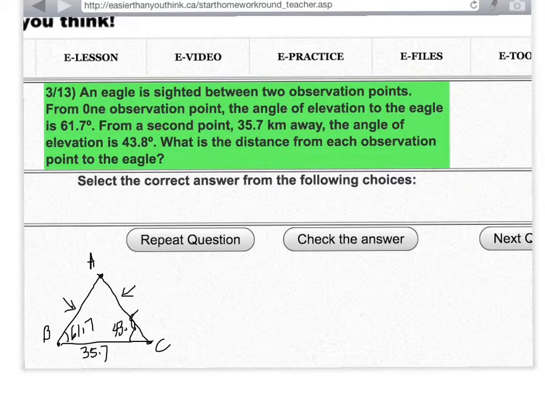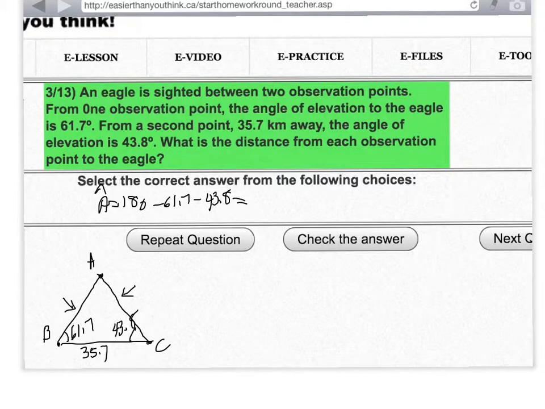So my only hope is sine law, and I do have two angles, so I can find the third angle using the rule that the sum has to be 180, and then use sine law. So angle A is equal to 180 minus angle B, which is 61.7, minus angle C, which is 43.8.